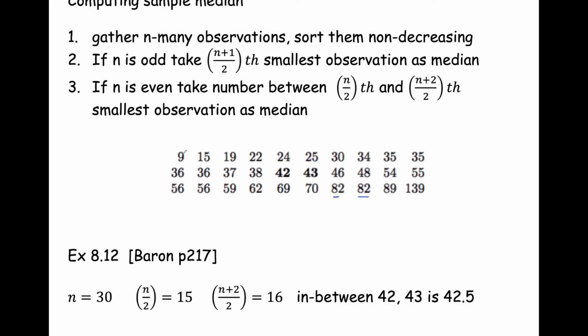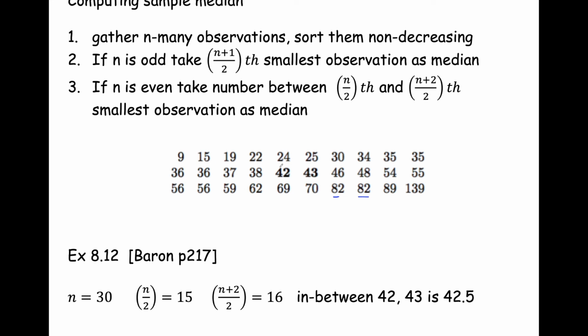So we have 30 numbers, 3 rows of 10, and we have 30, so is that odd or even? 30 is an even number, so we're going to take the n over 2, so 30 over 2 is 15, so we take the 10, 11, 12, 13, 14, 15, and (n plus 2) over 2, so 30 plus 2 is 32, divide by 2, that's 16, so we take the 10, 11, 12, 13, 14, 15, 16.